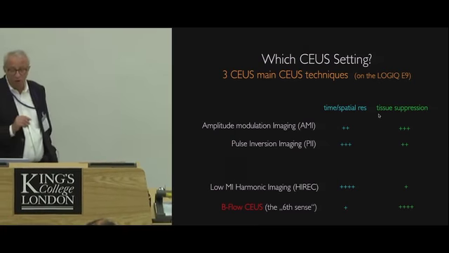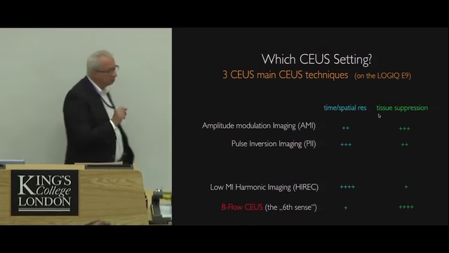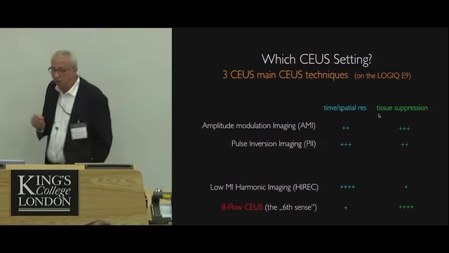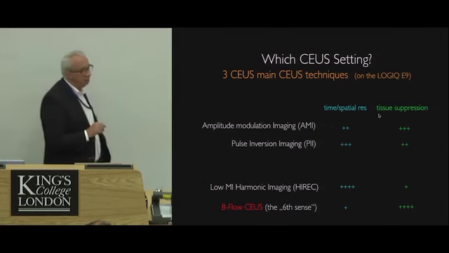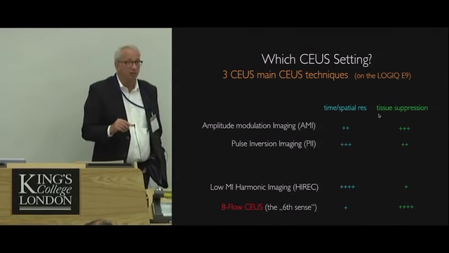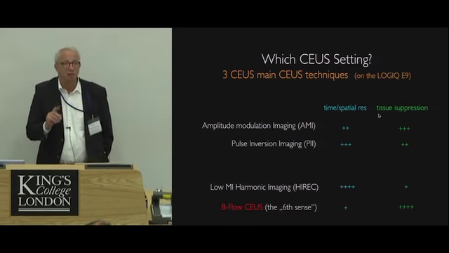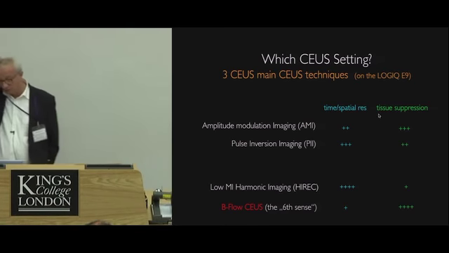And then we have new ones. The one that I'm showing lots of images of is this low MI harmonic imaging mode. We named that HiRank, and I developed that in December 2009, and that was thrilling. I showed you the very first loop of this technique.